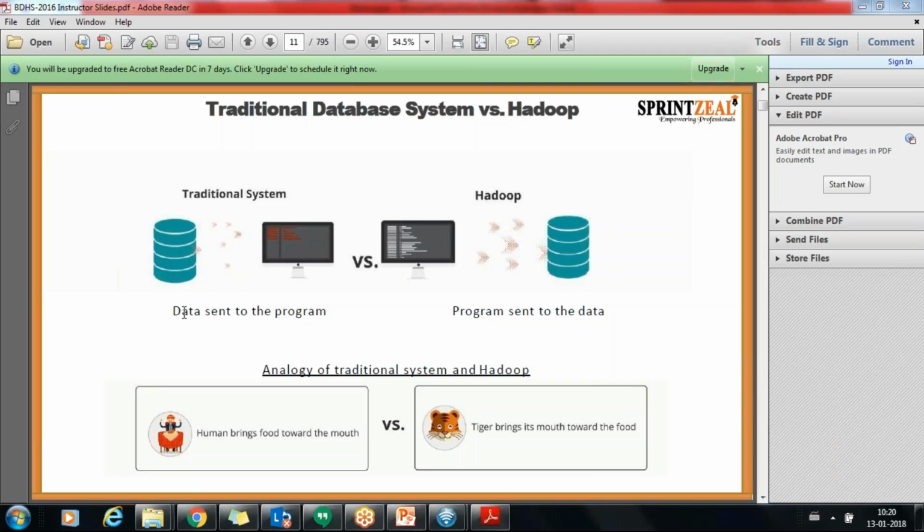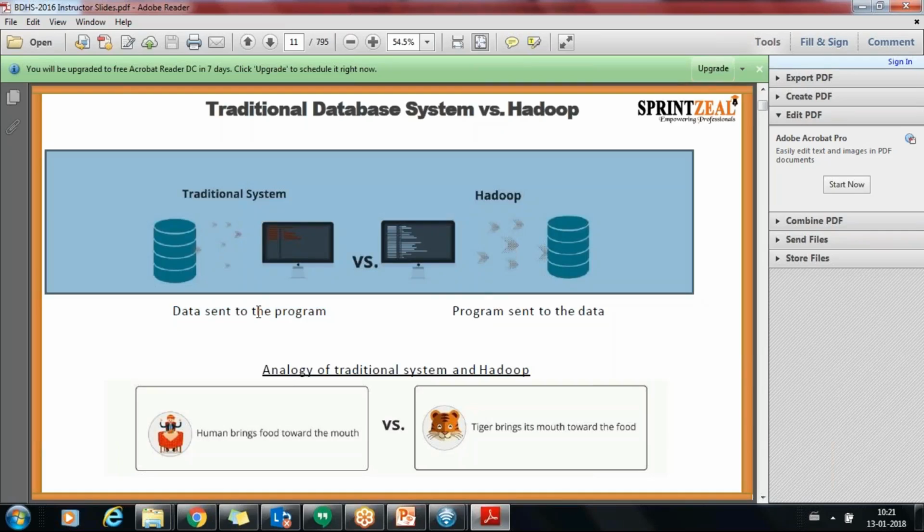So data is sent to the program. That's what a traditional system does. You connect, you get the data towards the program, and then you perform some computation. Now, in Hadoop, it's just the opposite. And this fundamental difference is the way all distributed computing works nowadays, so it's very important to understand traditional versus Hadoop.